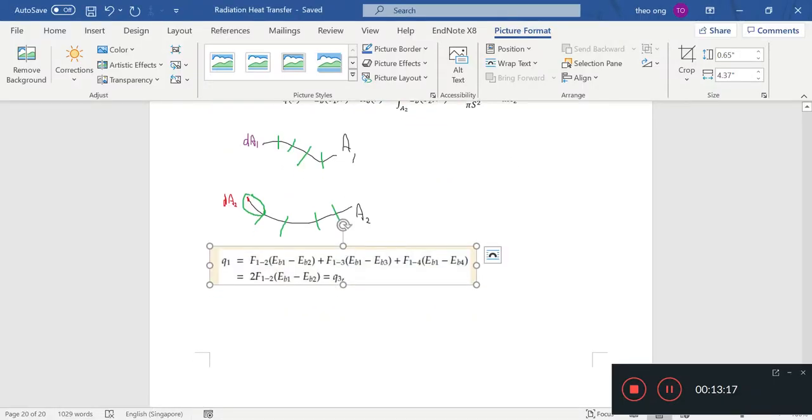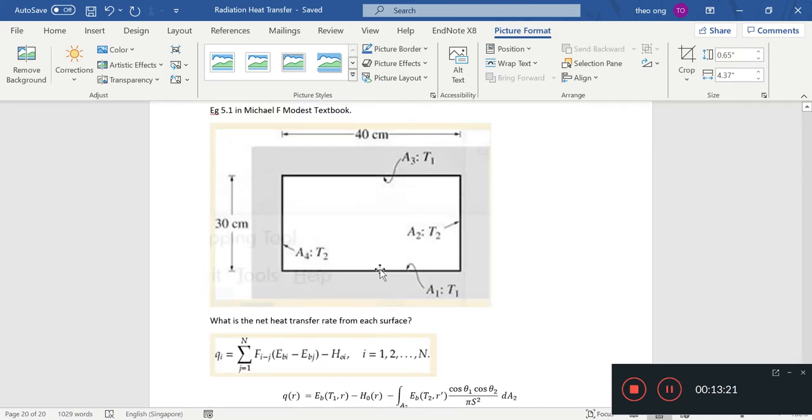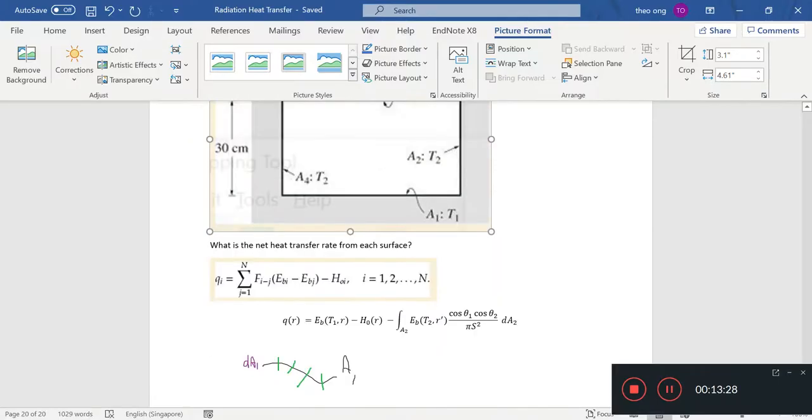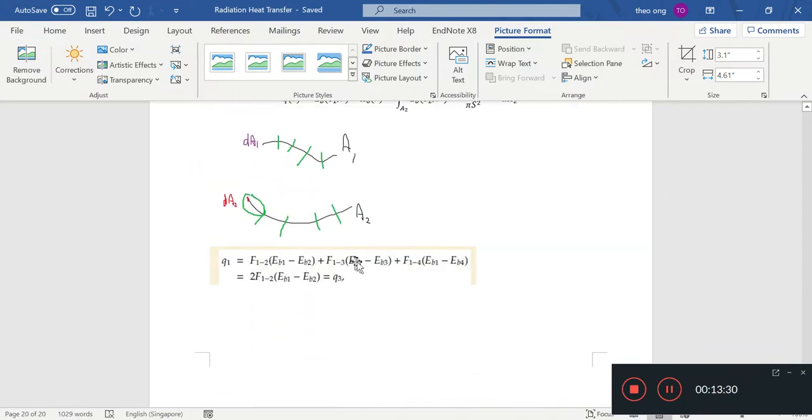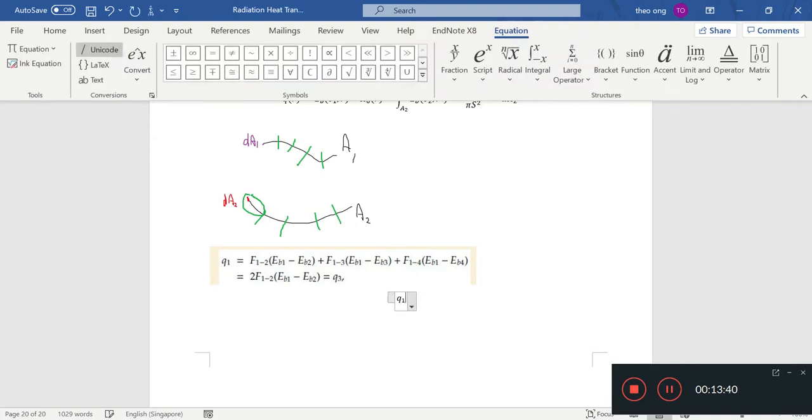What we note, again, as we said here, is that the heat transfer between A1 and A3 is basically 0. Why? Because EB1 equals EB3, right? They're exactly the same temperature, so that becomes 0. So let's do Q1 equals F1 to 2. I'm just going to type it all out to make it clear.